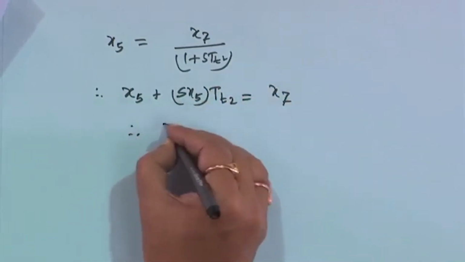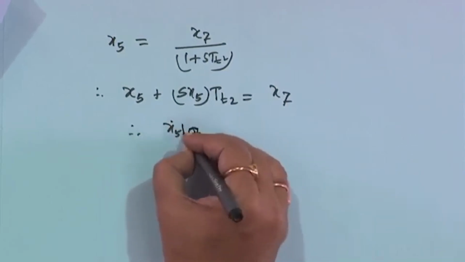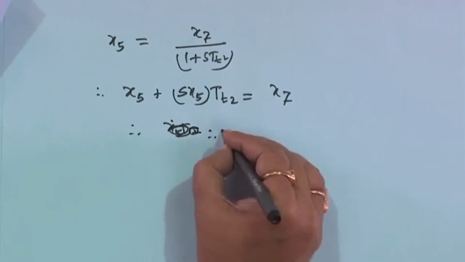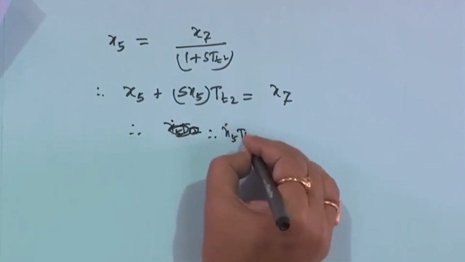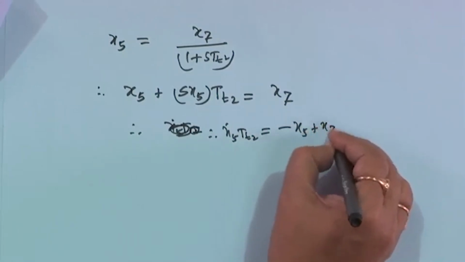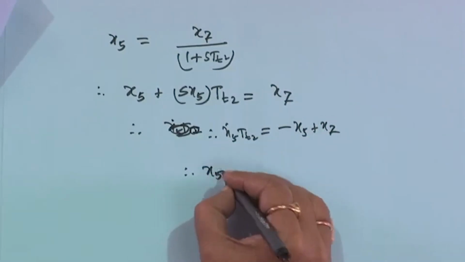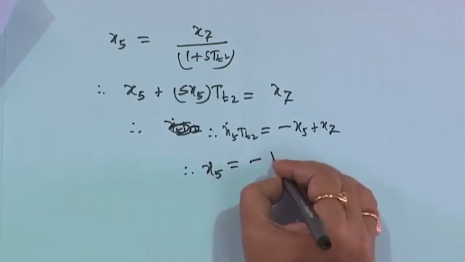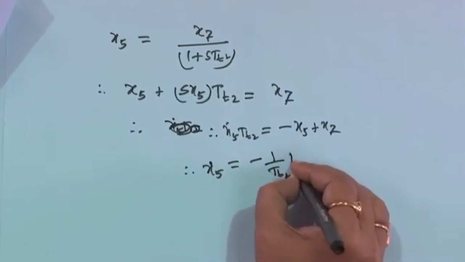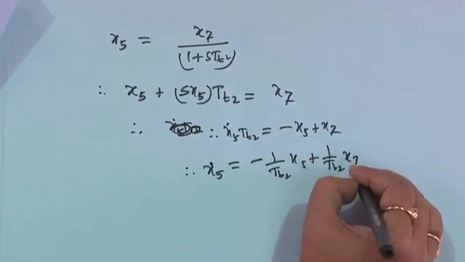That means x5 dot TT2 is equal to minus x5 plus x7, right. Therefore, x5 dot is equal to minus 1 upon T2 x5 plus 1 upon T2 x7, right.